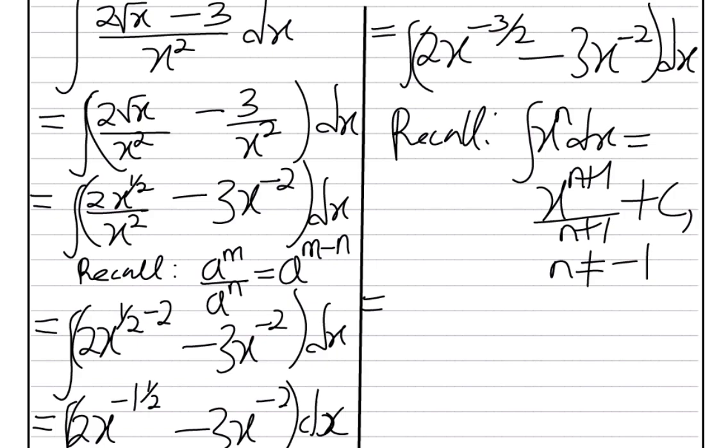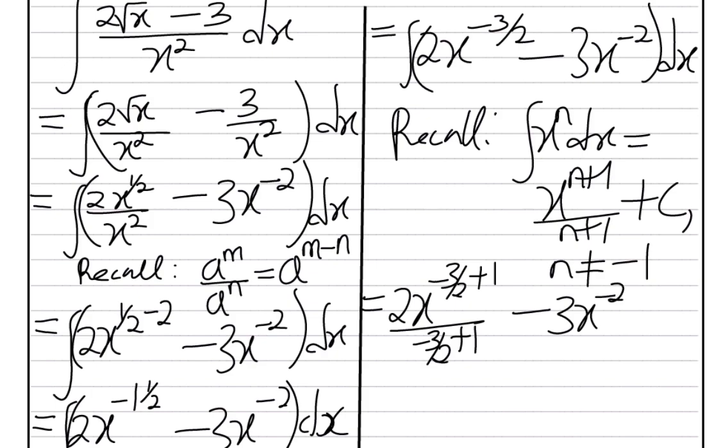So this is going to be equal to, integrating, 2x raised to the power of minus 3 over 2 plus 1 divided by minus 3 over 2 plus 1, minus 3x raised to the power of minus 2 plus 1 divided by minus 2 plus 1, then plus c, where c is the arbitrary constant. Don't forget that.